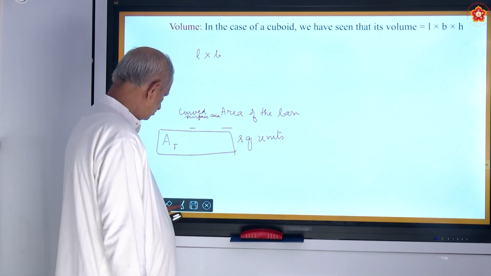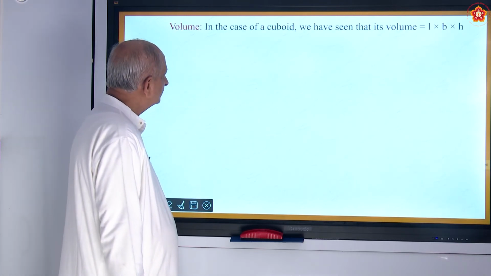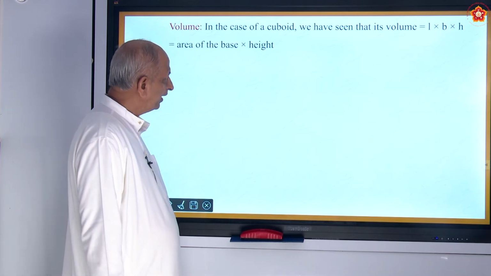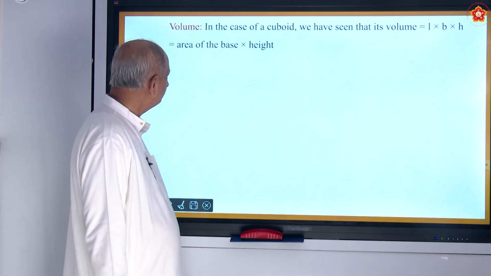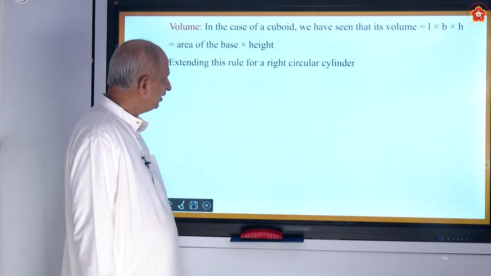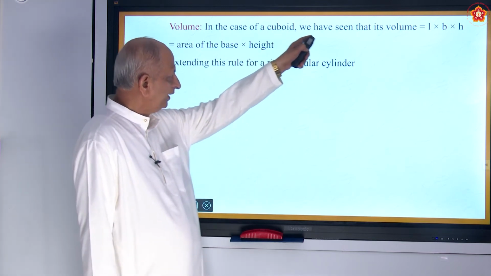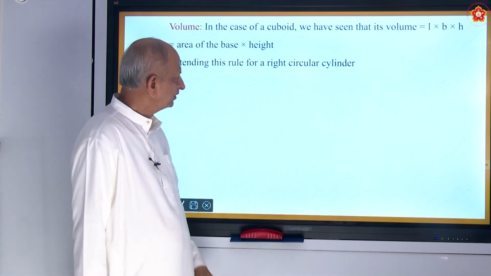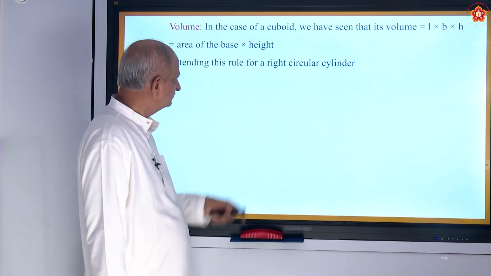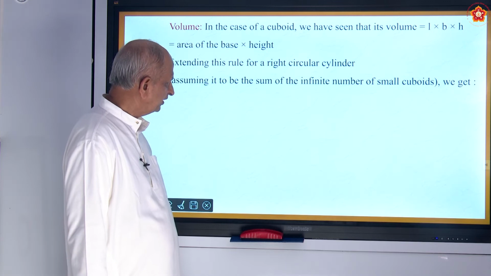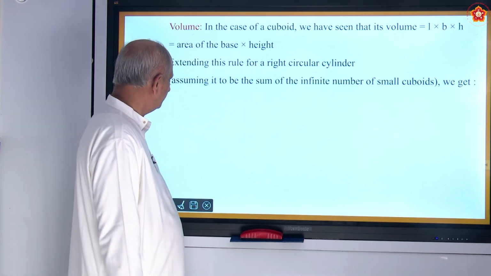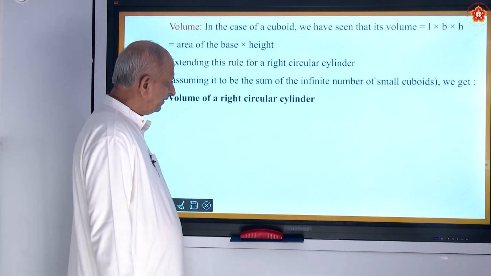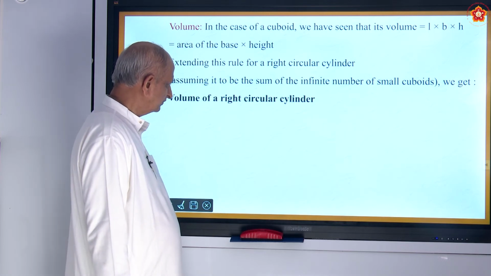And now we will see the volume, how to find the volume. Volume we have seen in the case of cuboid, it is L into B into H, so area of the base into height. So for a right circular cylinder, it is made up of small circles.